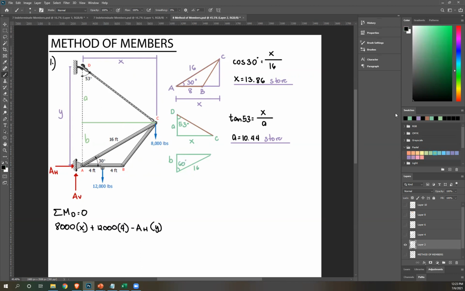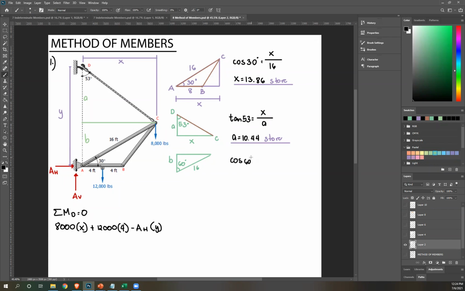And again, using trigo equation, I can solve for b, specifically, not sine 60, cosine.